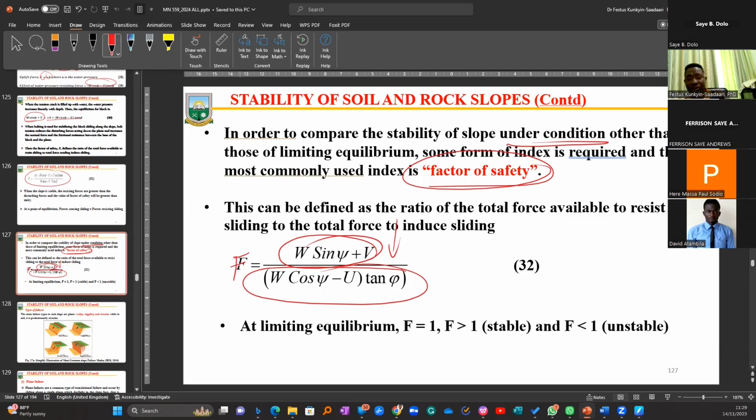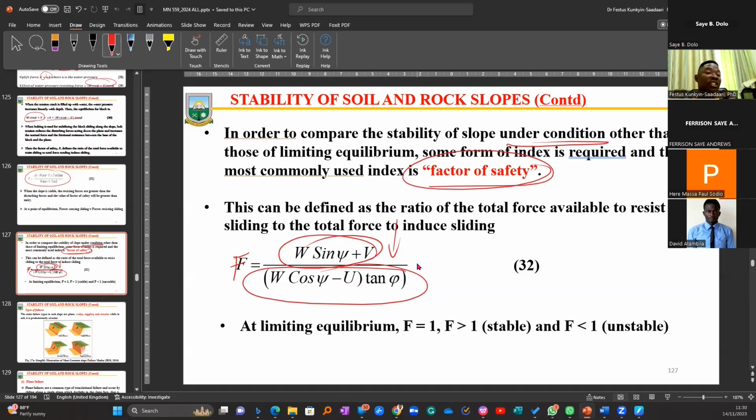Now, if you are more than one, if we express this and we have an excess of more than one, other books will say 1.5, others will say 1.3, depending on the type of material. Then you can relax as a geotech officer and say, oh, you are quite okay. Whatever value you get at the end of the day will depend on the safety parameters of your company.